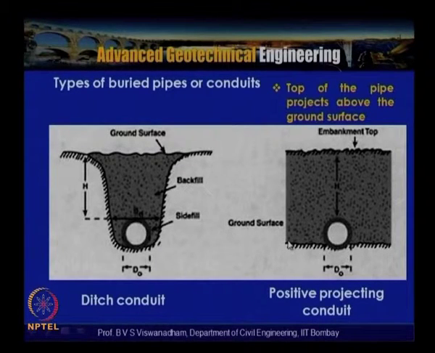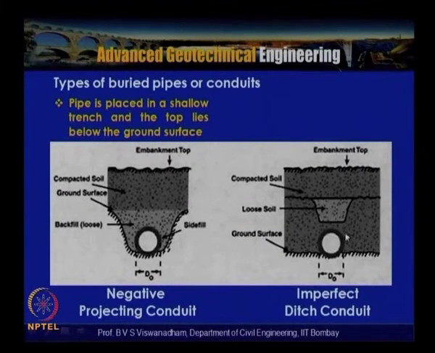In case of a positive projecting conduit, you have the diameter D naught and the embankment top is here. The top of the pipe projects above the ground surface, and above that the embankment construction will happen.